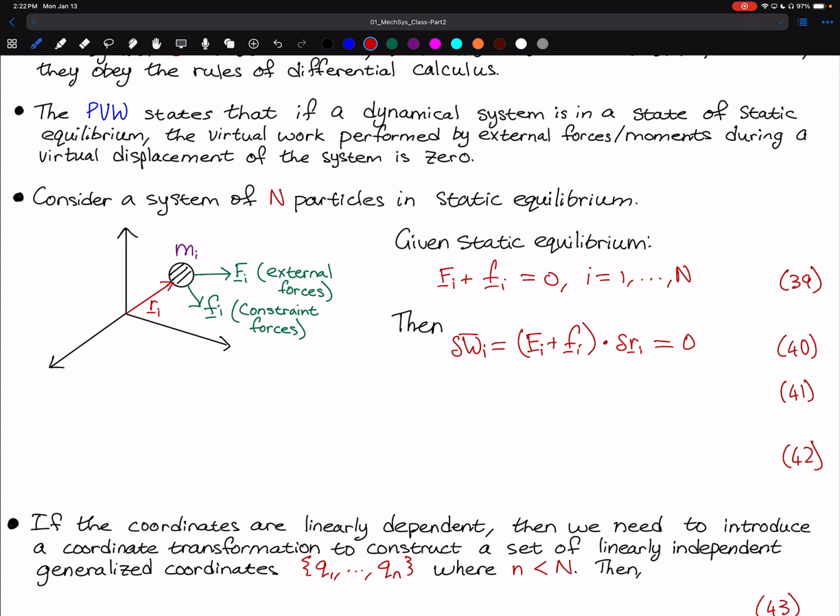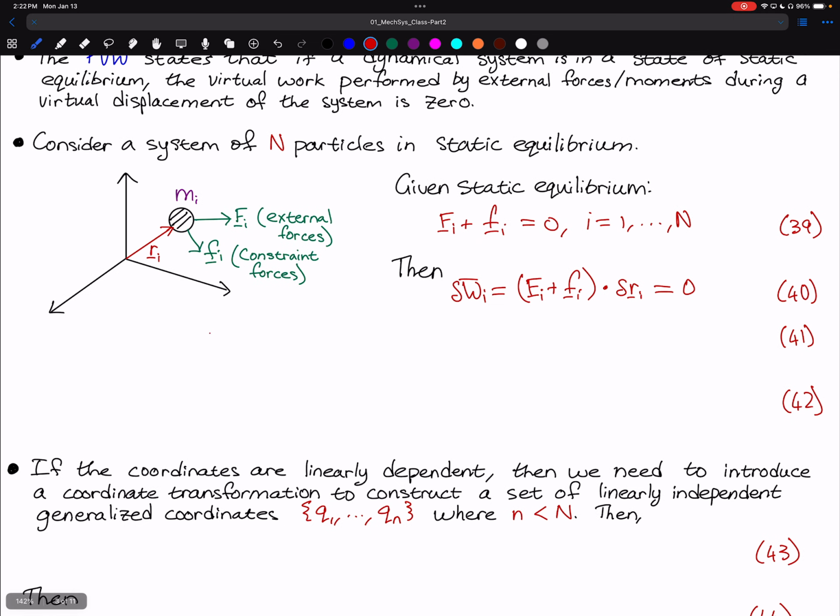We're going to go ahead and expand this dot product. And we will get that big Fi dotted with delta ri plus little fi dotted with delta ri must be equal to 0. We said previously that the virtual displacements are consistent with the kinematic constraints.